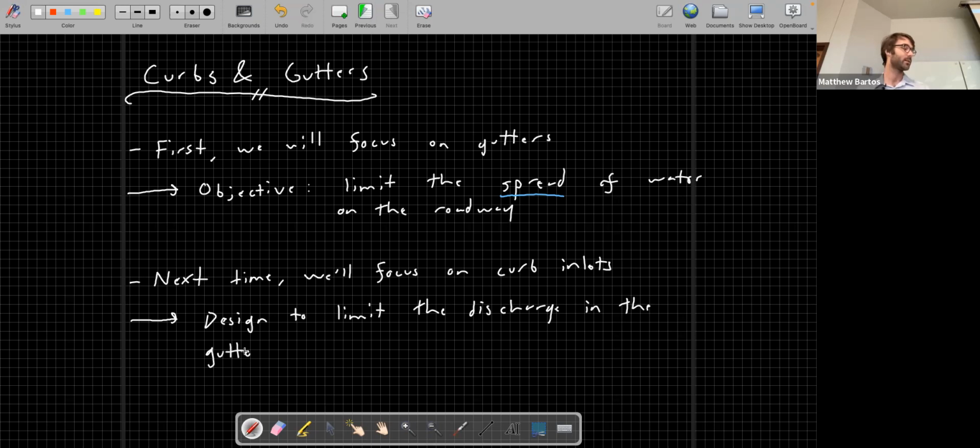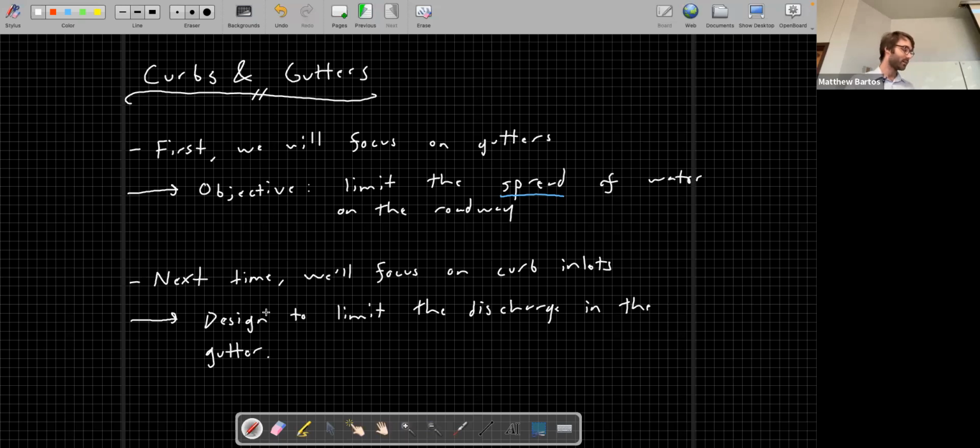Essentially, in designing the gutters, we're going to be trying to limit the spread of the water across the roadway. In the design of the curb inlets, we're going to figure out how to size and place them in order to intercept water to reduce the amount of discharge in the gutter and thus reduce the spread. Those are going to be our primary design objectives.